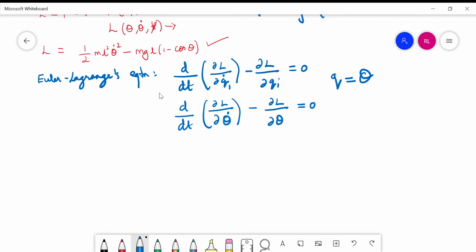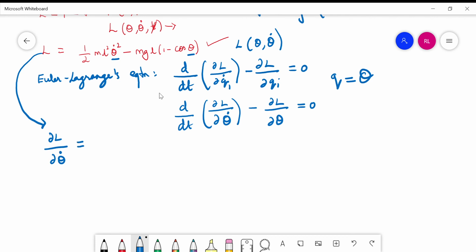Once we have L, we know that T is a function of theta and theta dot, so L is a function of theta dot. With the help of L, we can find ∂L by ∂θ̇.